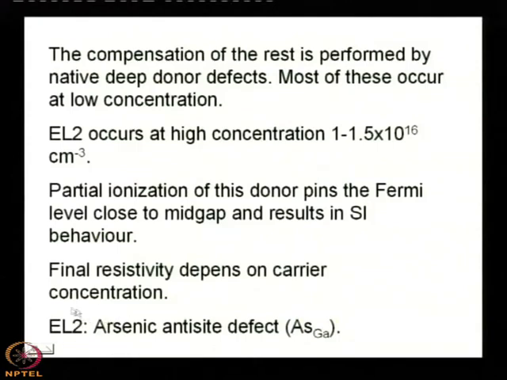People have obtained one level near the mid gap energy. EL2 is nothing but an arsenic antisite defect. What is an arsenic antisite defect? Arsenic occupies the gallium position; arsenic is not in its own site.